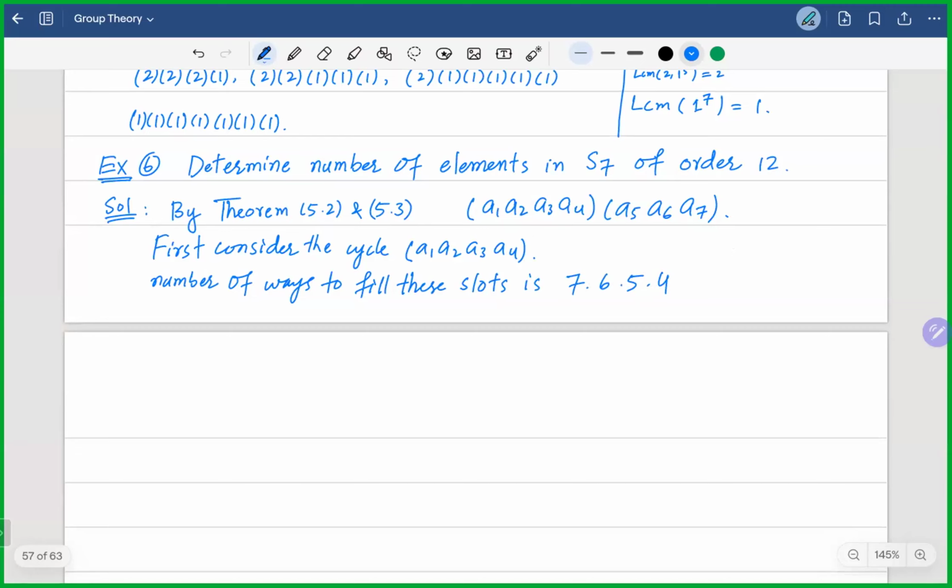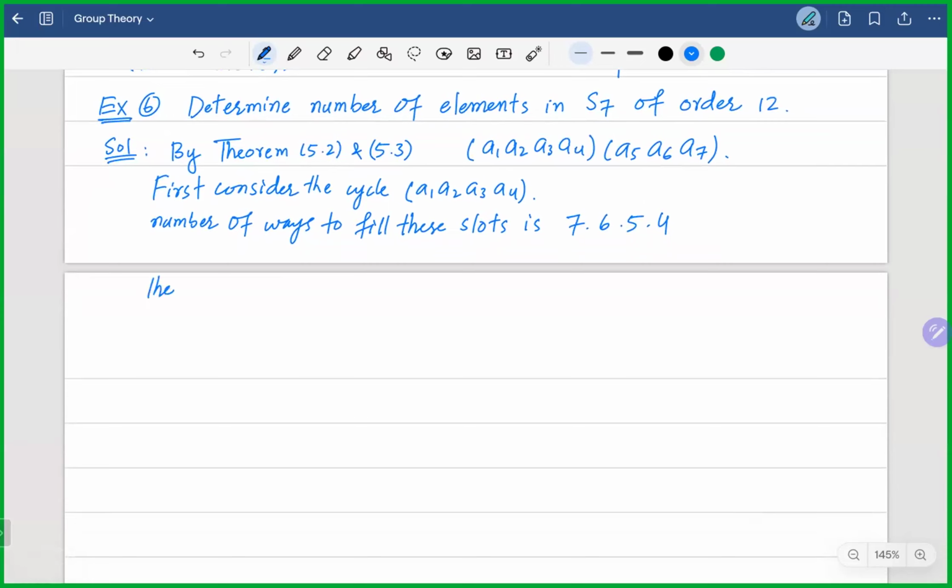For example, the 4 cycle 2741 can also be written as 7412, 4127, 1274, whereas the product 7654 counts them as distinct.